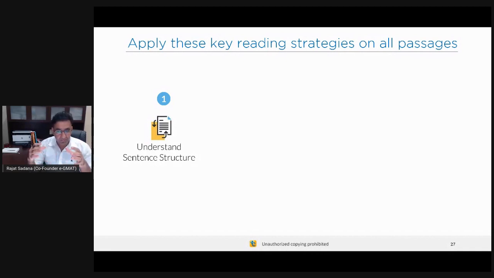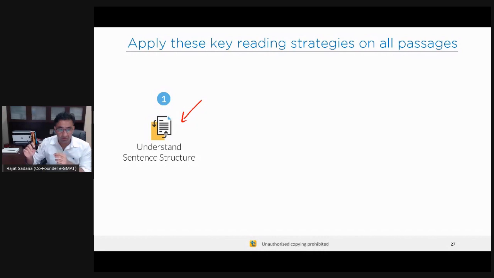If you've been in that situation, then this strategy, understanding sentence structure, is going to be something that you're going to find very useful. Understanding sentence structure is about taking back that control that the RC passage takes from you. How do you do that? The way you do that is by breaking a sentence down into its various aspects and understanding those aspects.